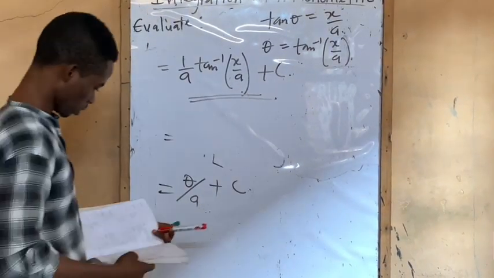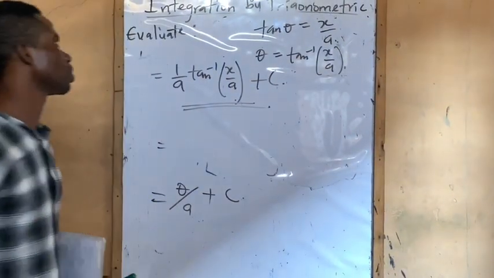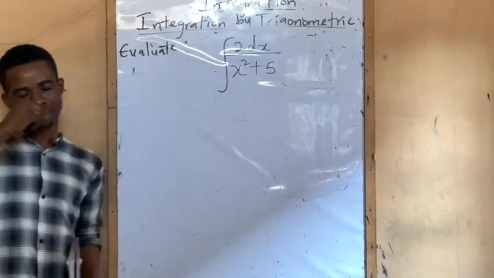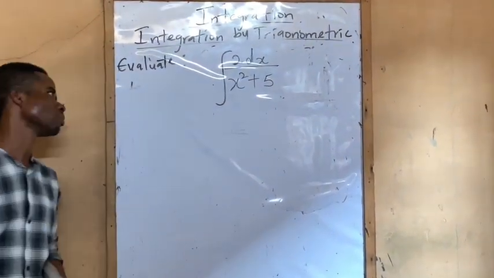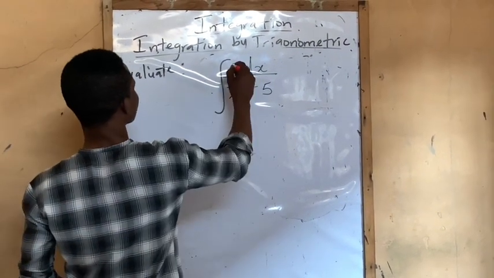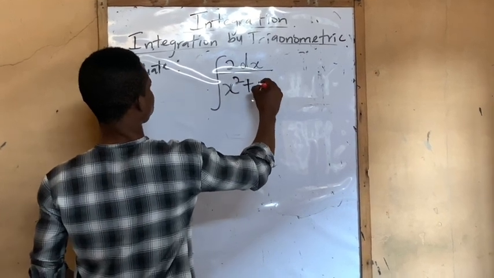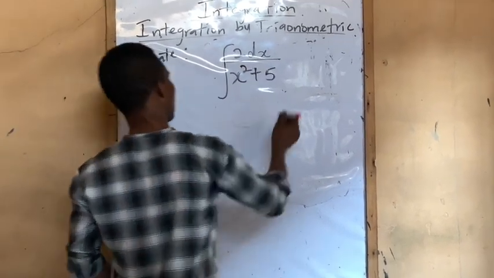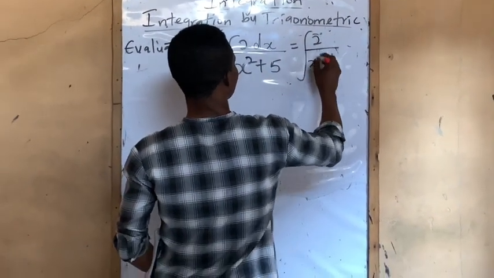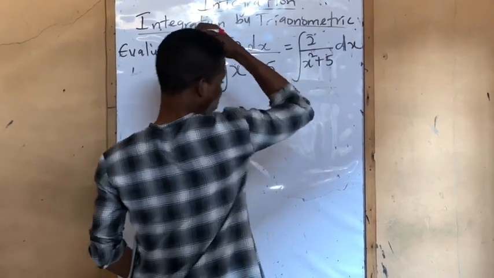Now, lastly, for integration by trigonometric substitution, let's take a look at this. We are having integral of 2 dx over x squared plus 5, which is the same thing as integral of 2 all over x squared plus 5 dx.